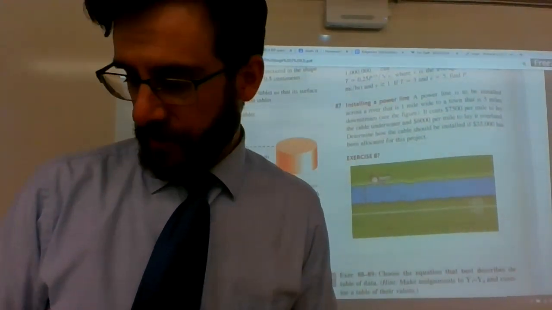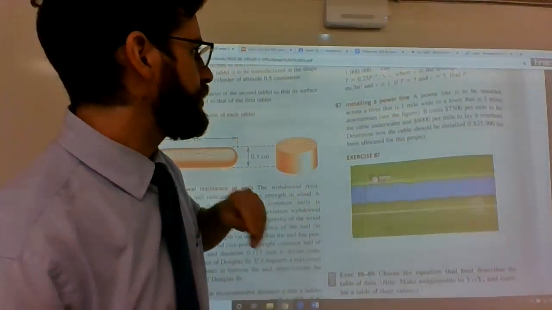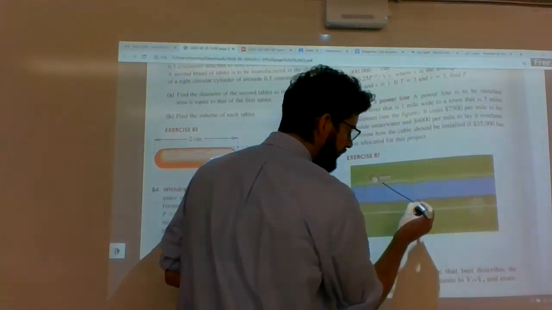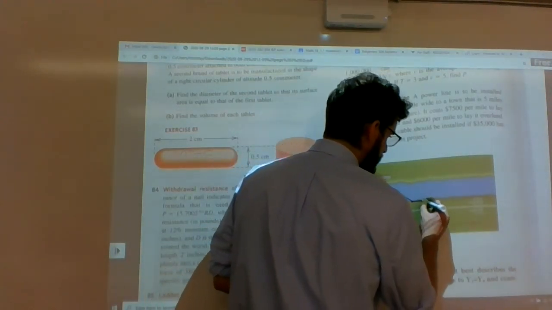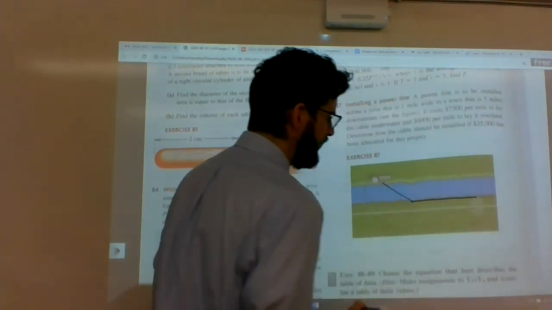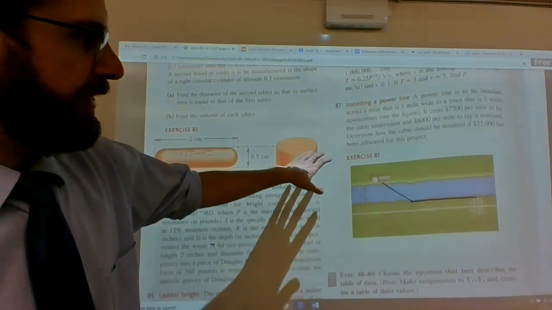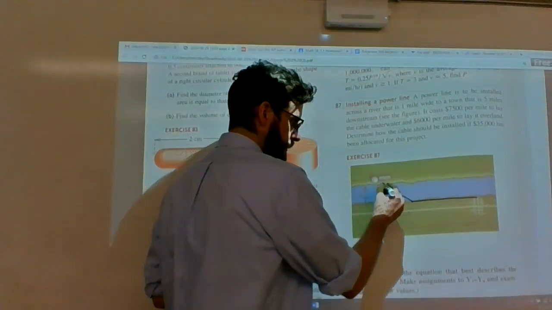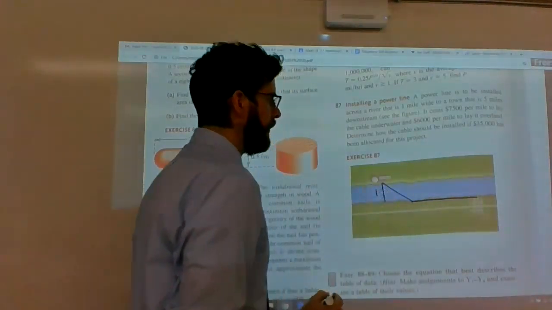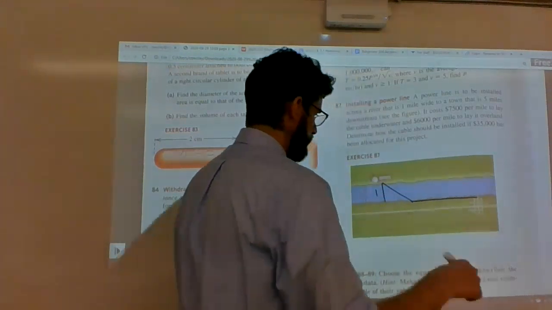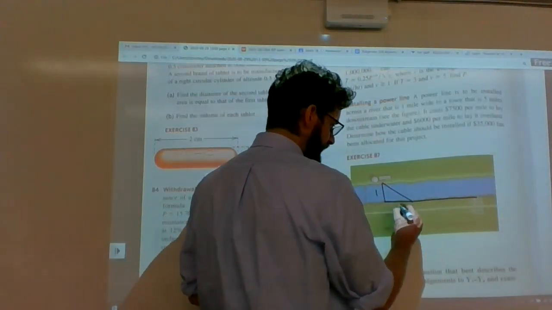All right, so it says a power line is going to be installed right here, and then it's going to keep going all the way to the power station. And it's got to go across a river that's a mile wide. So there's 1 mile. This little distance right here is called x.